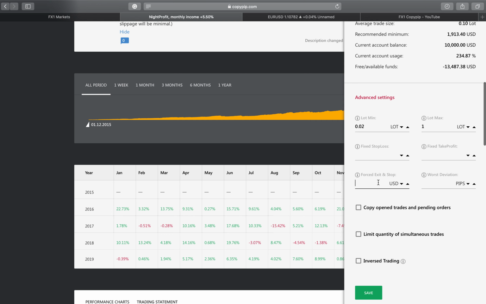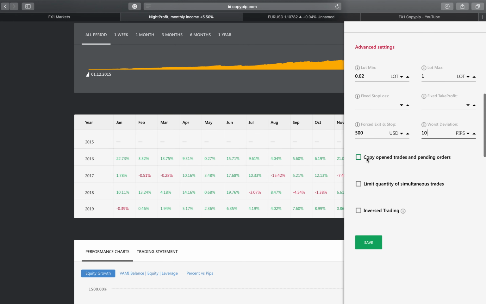These two I'm not going to touch. Here I'm going to put 500 maybe. Guys, this is your number. You need to know what your risk level is. Maybe some people will say, okay, I'm just going to go with 200. So this is up to you. Worst deviation, I'm going to go for 10. These are numbers which I'm okay with.